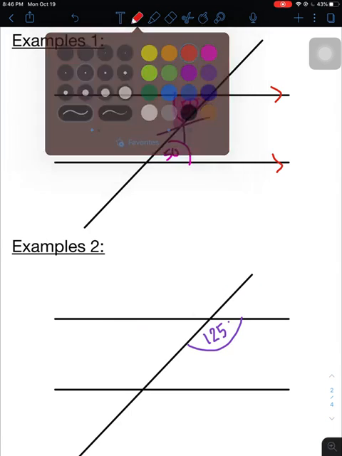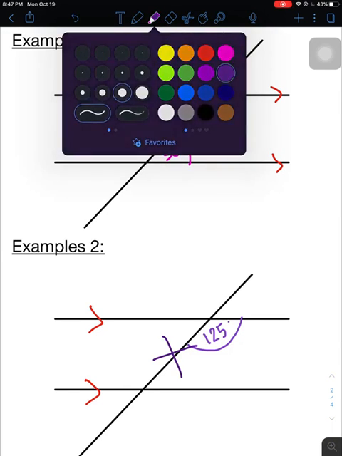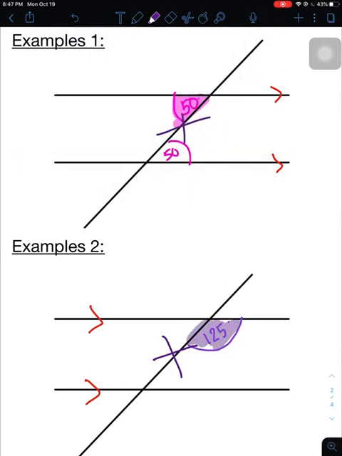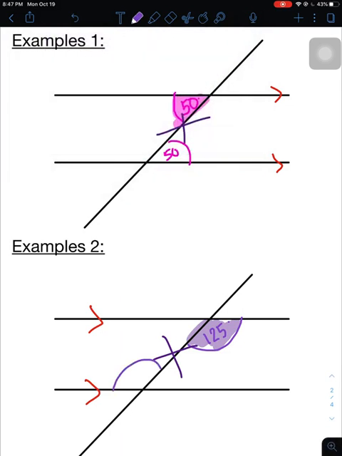All right, so let's look at example 2 down here. Oh, and I forgot to put, these are parallel. Okay, so again, we're given 125, this angle right here, and this angle is in between the two lines. If we were to make a little X, we would say that this corner matches with this corner.